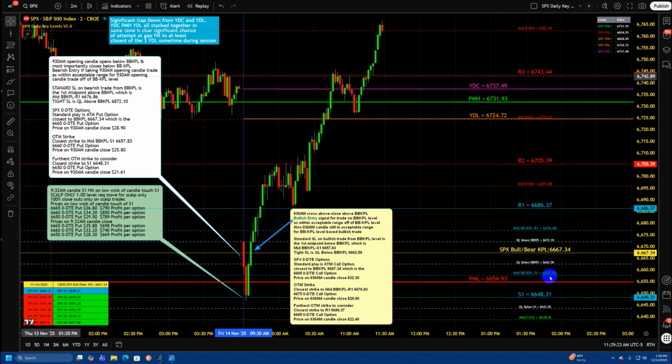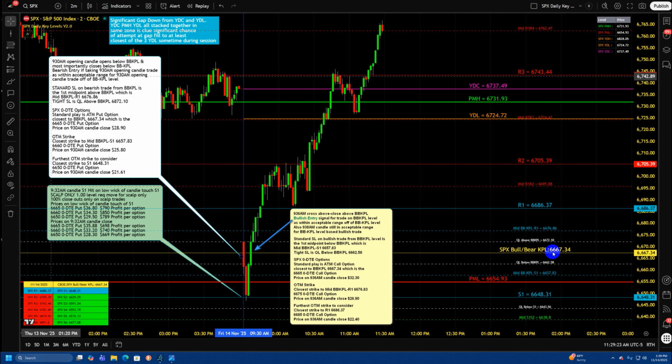So that would be your first out of the money strike that you could consider if you prefer that over the at the money. What is the furthest out of the money strike you can consider on this trade? The third option, which is the furthest out of the money you can consider, is a strike that is closest to a level that is 1 full level away from the level you're taking the trade from.